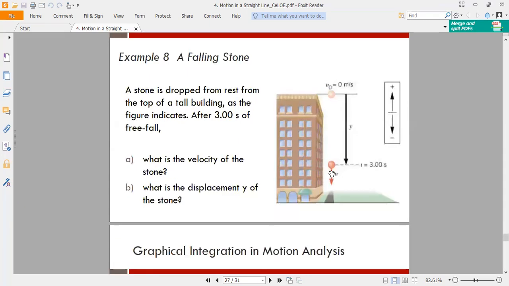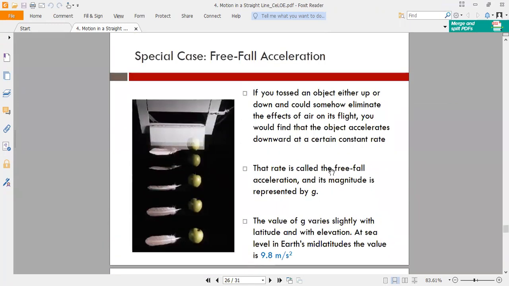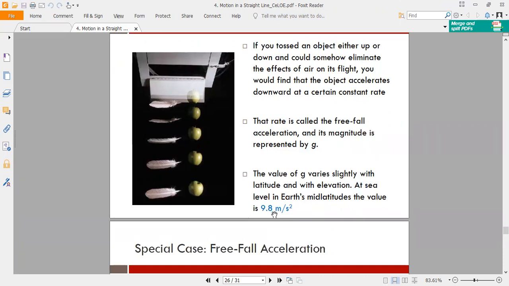And this is free fall. Free fall is a special case because we have a special acceleration, gravity. It's 9.8 meter per second squared, but actually it's not exact. You can see this is an average value.